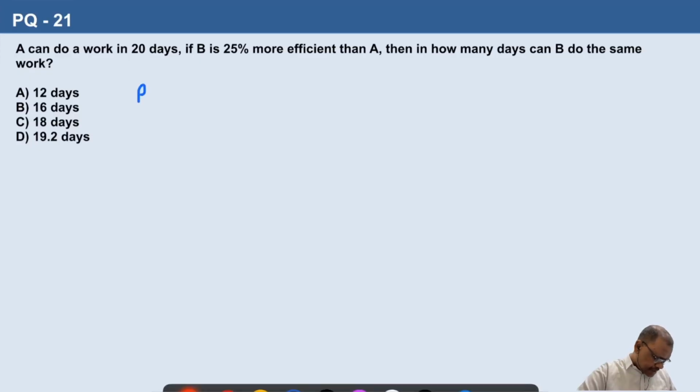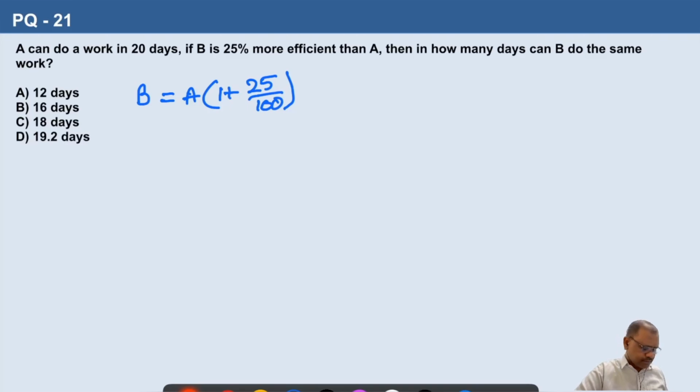So B is 25% more efficient than A. So that means B is equal to A into 1 plus 25 by 100. So now let us simplify.